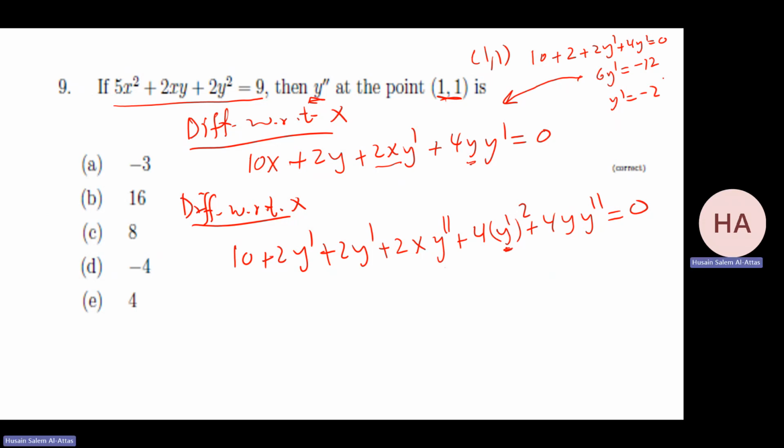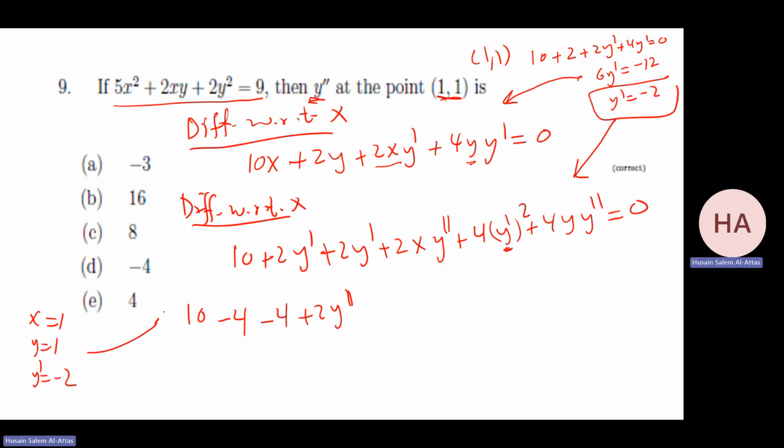Okay, so I can plug it here. So I have 10 minus 4 minus 4, x is 1, plus 2y''. Now I'm plugging x equals 1, y equals 1, y' equals minus 2. So y'', y' is minus 2, squared it's 4, plus 16, plus 4y plus 4y''.